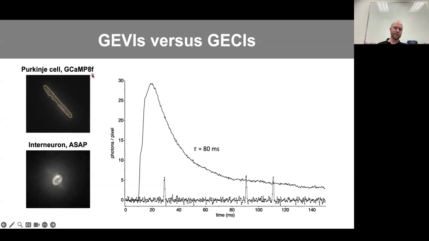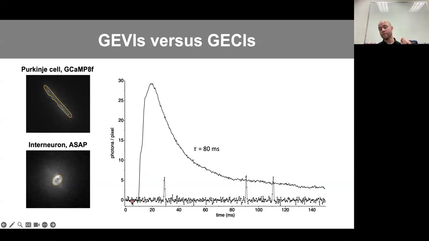That's what one of those transients looks like, right? The tau of the fastest genetically encoded calcium indicator, GCaMP8f, is about 80 milliseconds, and so this makes GCaMP not really great for tracking the precise spike times of cells.